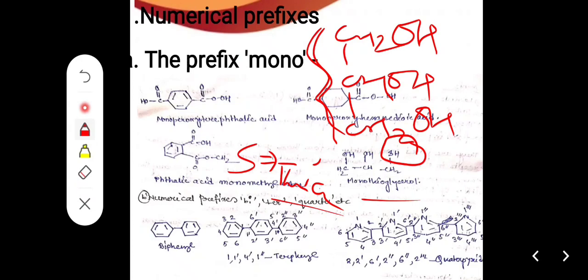So we can say monothioglycerol. That should be clear: the whole skeleton is glycerol, and the twist is that one OH is replaced by one SH, and due to replacement by SH we term it monothioglycerol.